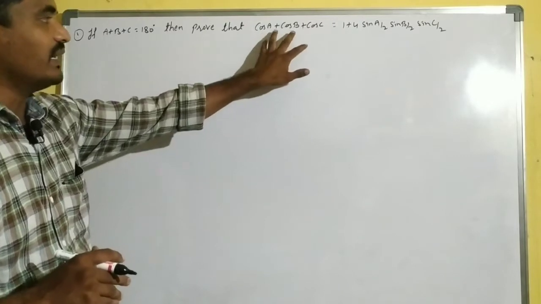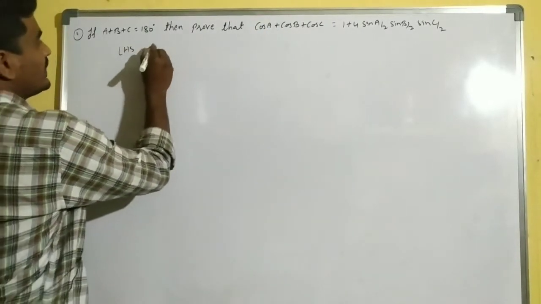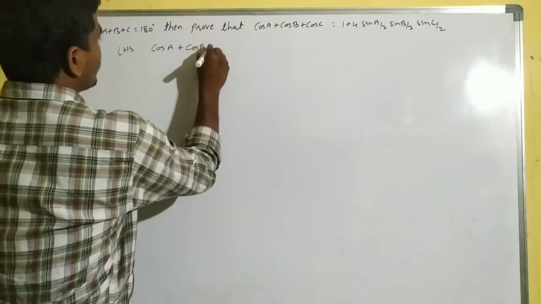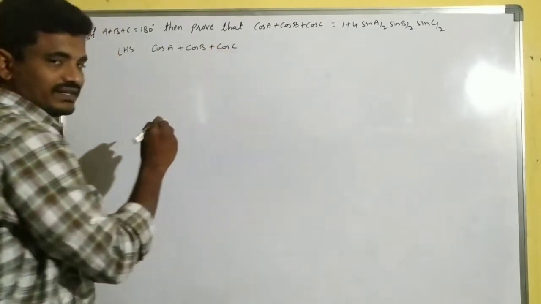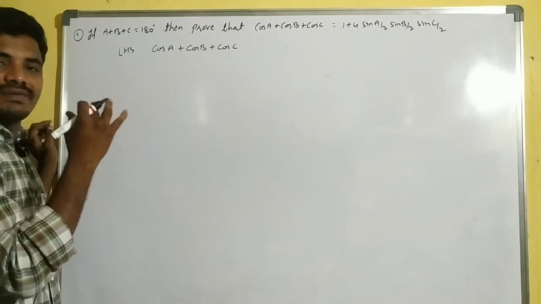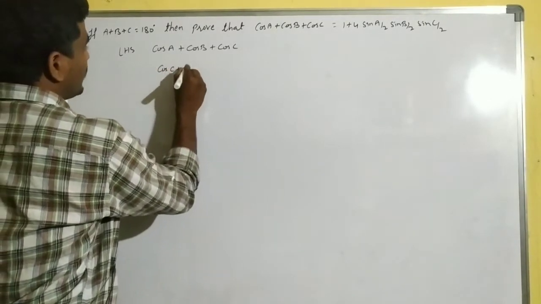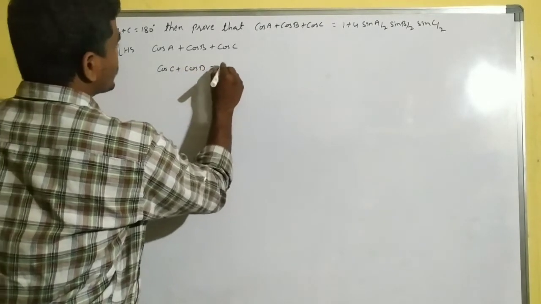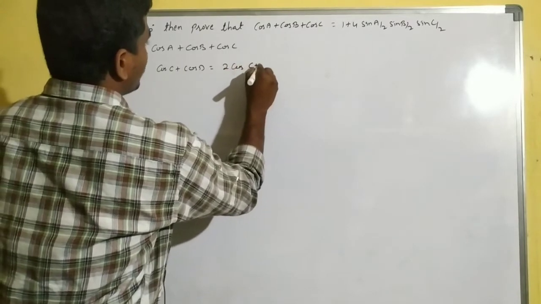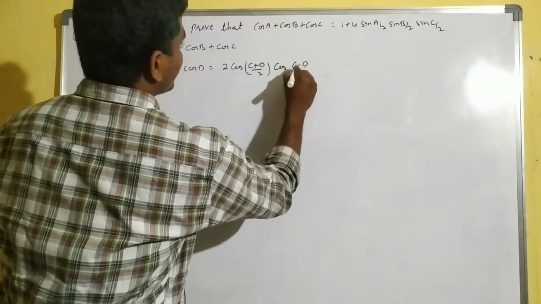Let me take the LHS here. What is the LHS? Cos a plus cos b plus cos c. When I take these first two, it is like the cos C plus cos D form, which equals 2 cos of C plus D by 2 into cos of C minus D by 2.